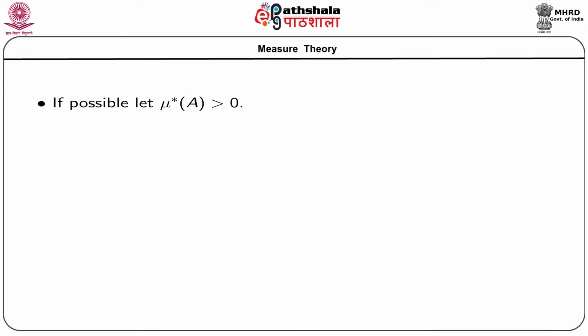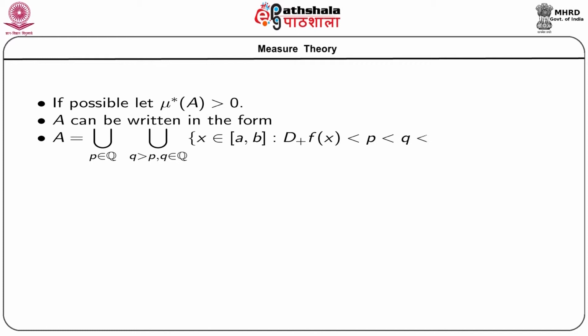On the contrary, if possible, suppose that mu star of A is greater than 0. Now, see that if we consider for two rational numbers p and q, where q is greater than p, the collection of points x belonging to closed interval a b, where d lower plus f x is less than p, less than q, less than d upper plus f x.